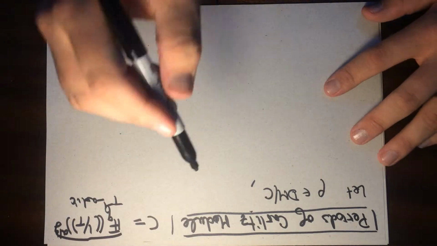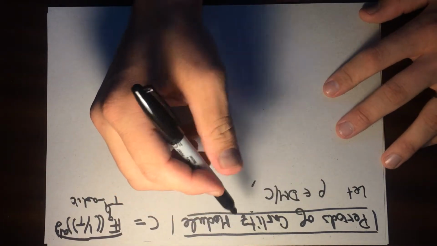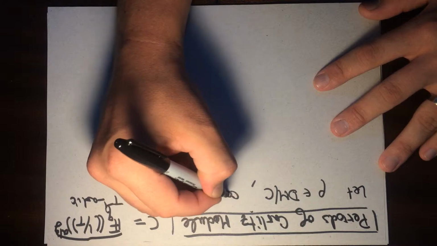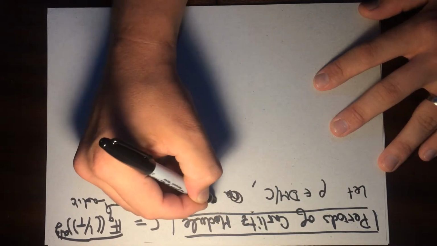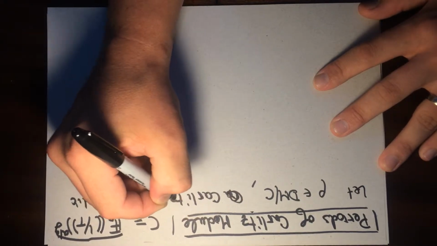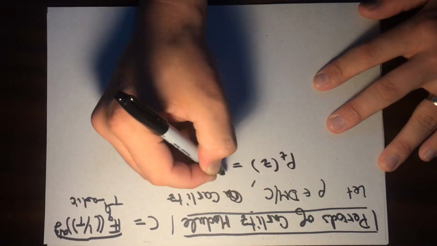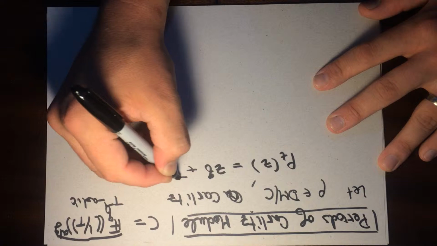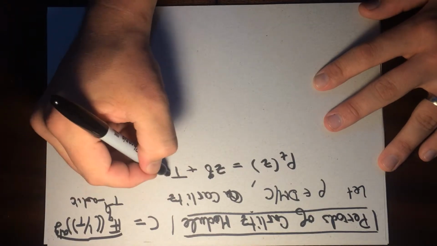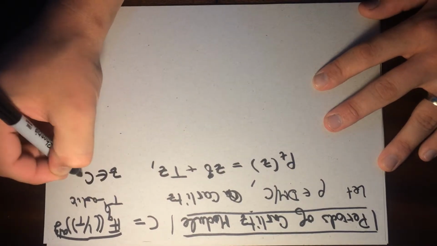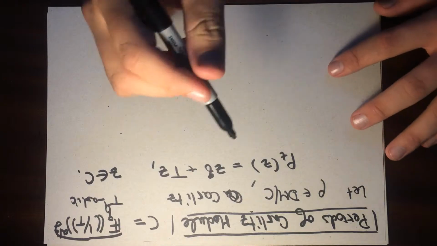So we take a Drinfeld module over C. This is going to be the Carlitz module. This means that rho_T of z is going to look like z to the q plus T times z, for z in C, the rigid analytic complex numbers.